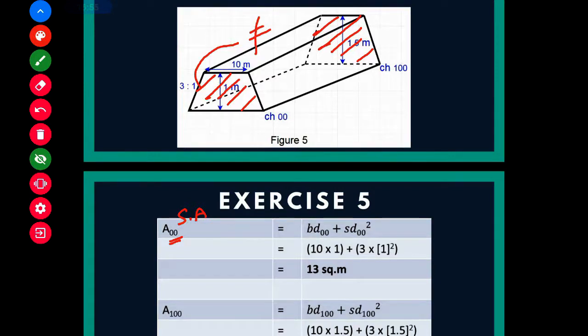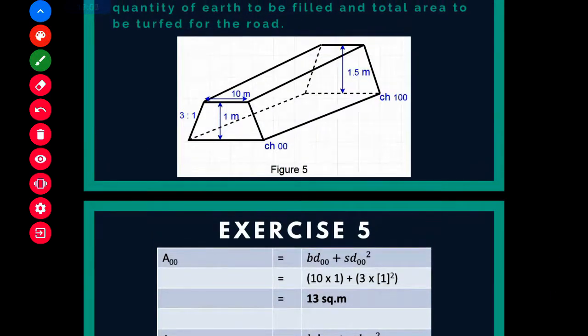So here no need to use the D average because the depth at chainage 00 is equal to 1 meter.